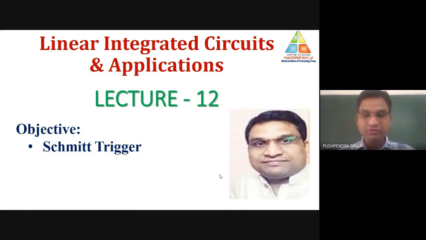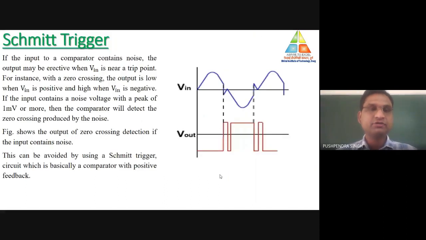What was the basic problem of the zero crossing detector? Whenever the input signal changes its level from the zero position, for instance due to some noise signal, the output is affected. As shown in the figure, let the waveform be moving in the negative direction, but due to some noise signal the level of the input changes from negative to positive.